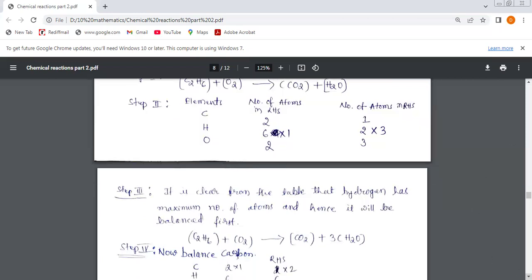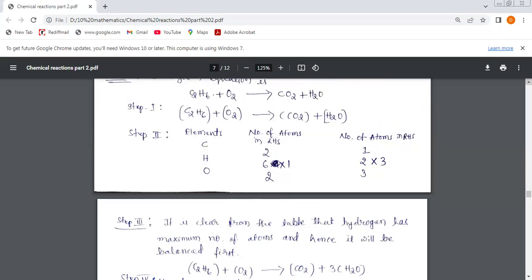How are we balancing? On the reactant side, 6 hydrogen atoms are there, but on the product side, only 2 hydrogen atoms are there. So what I am doing is multiplying this 2 by 3 to make 6.